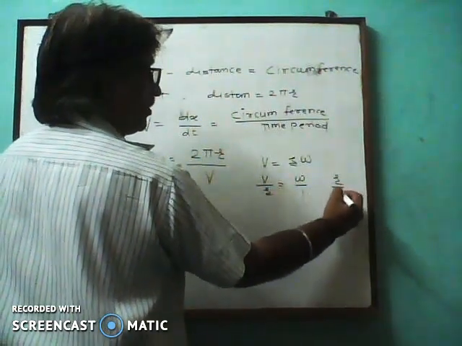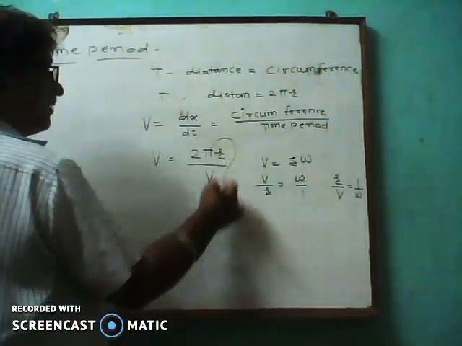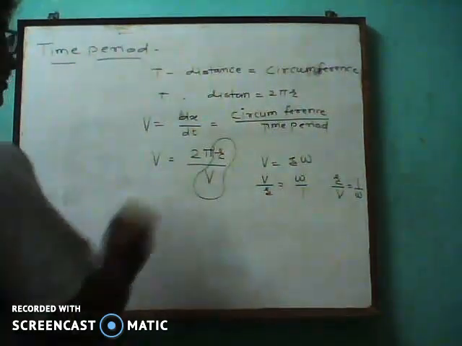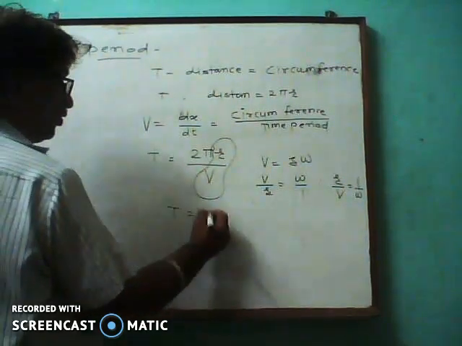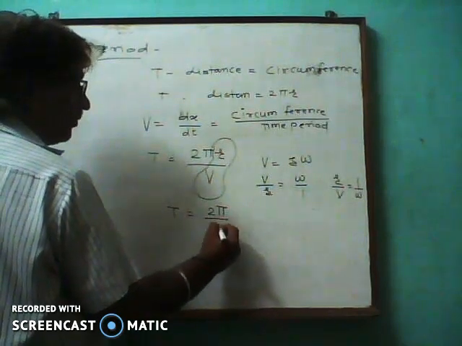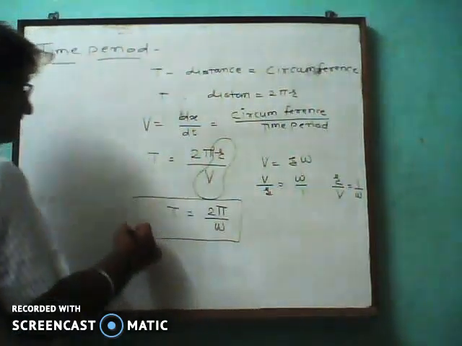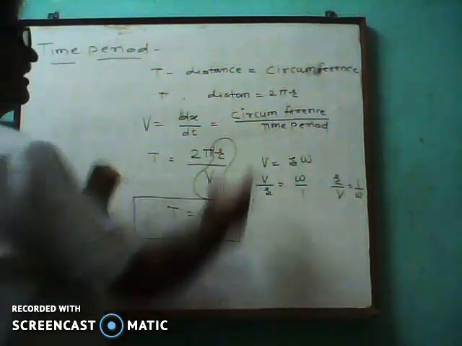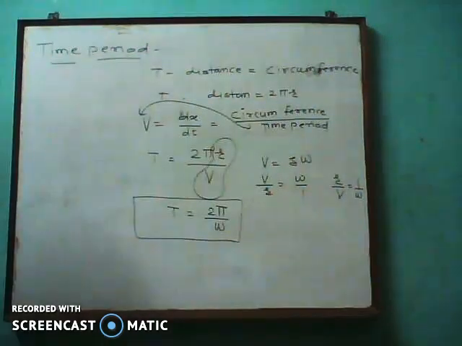Therefore, r upon v is nothing but 1 upon omega. So T is equal to 2 pi upon omega. This is another formula which can be used in this chapter.